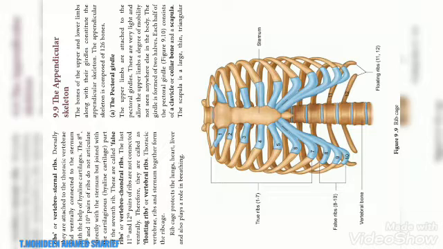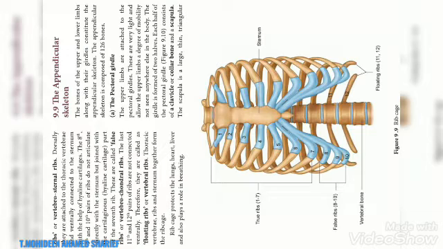The vertebral column has 5 major regions. They are the cervical, thoracic, lumbar, sacrum and coccyx. So these are the 5 regions of the vertebral column.